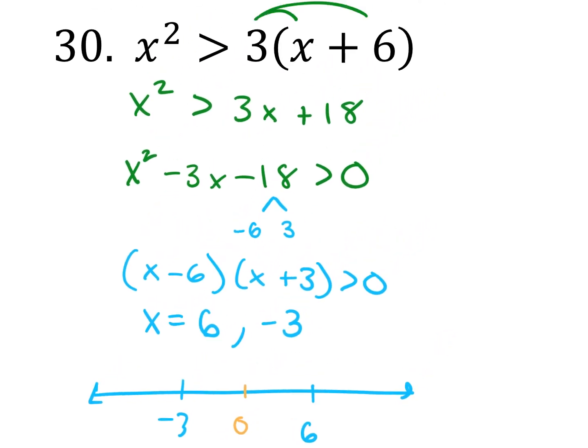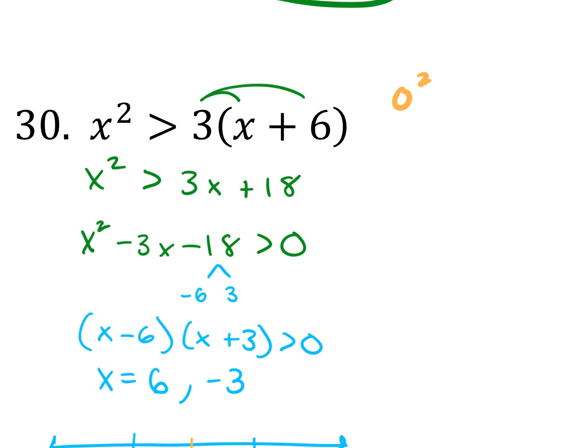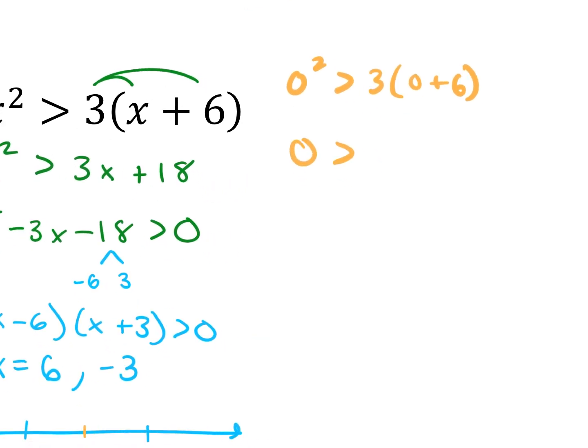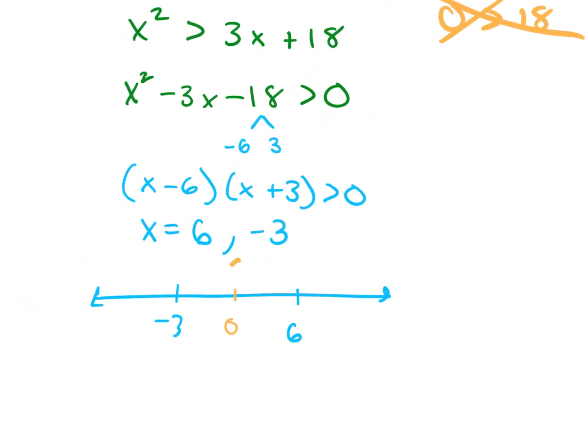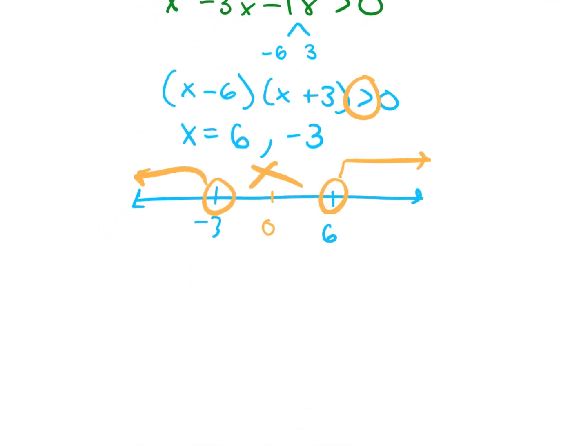So we have 0 squared is greater than 3 times 0 plus 6. 0 plus 6 is 6, and 3 times 6 is 18. Is 0 greater than 18? No. So we're not shading in between, so that means we shade on the outside. Here, since it's just a greater than, we put open circles. So how would we write our interval notation for this one?